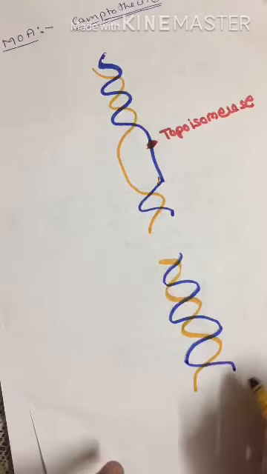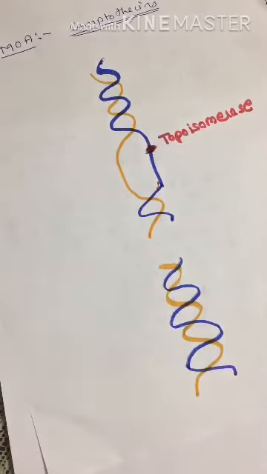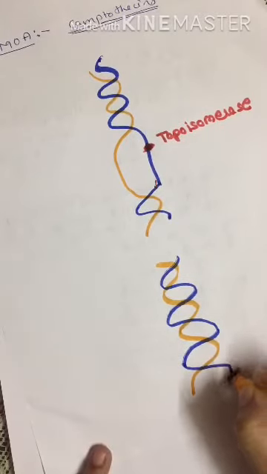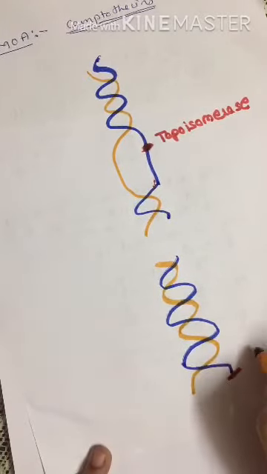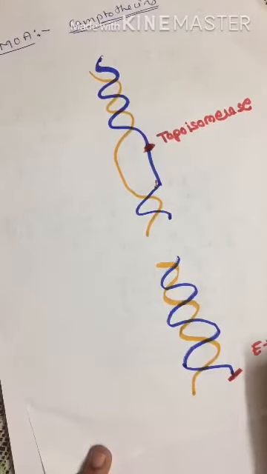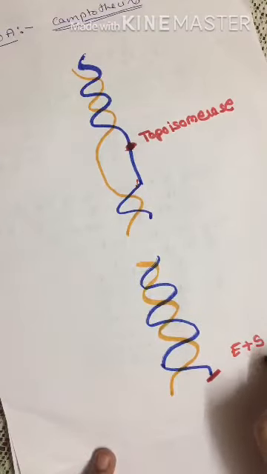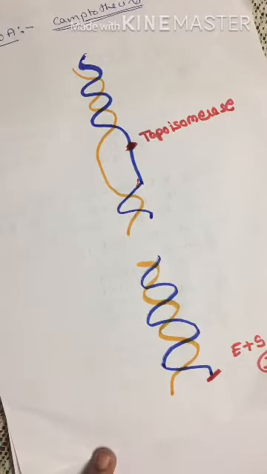Topoisomerase has cleaved one strand of DNA on this side. So this is an enzyme substrate complex. What do these drugs do? Consider here I am writing the camptothecin as an inhibitor.